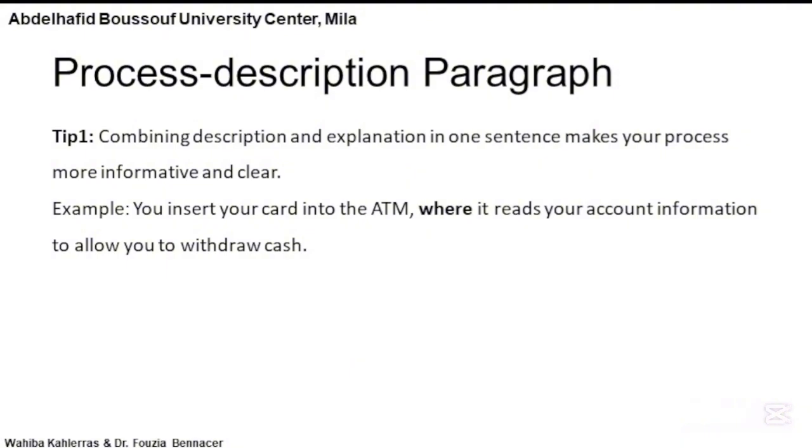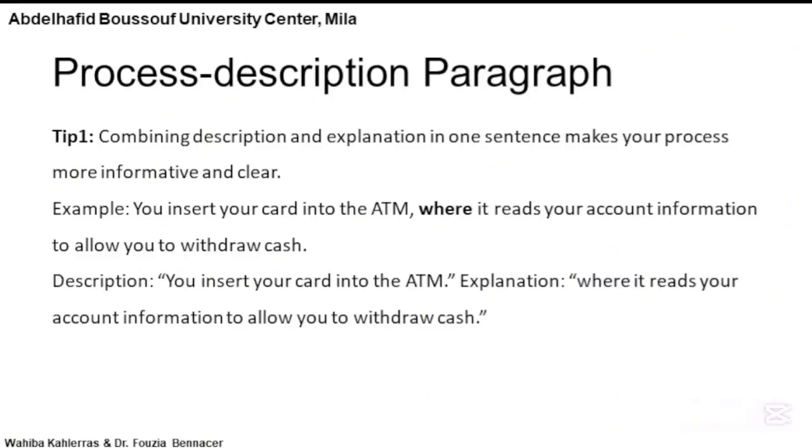Here we have this step, we describe it. You enter your card into the ATM, and then you explain why you would enter your card into the ATM, where it reads your account information to allow you to withdraw cash, and this is the explanation.